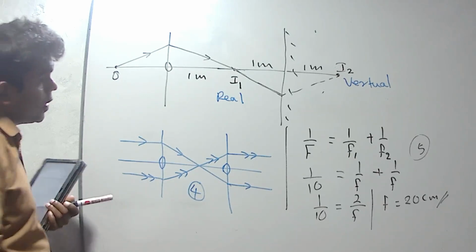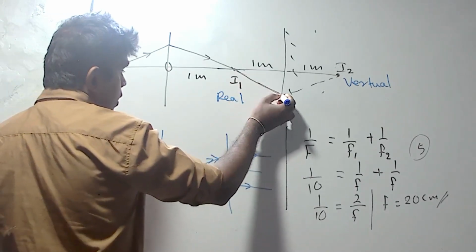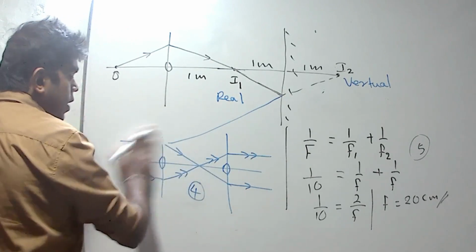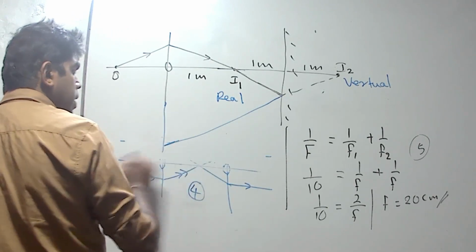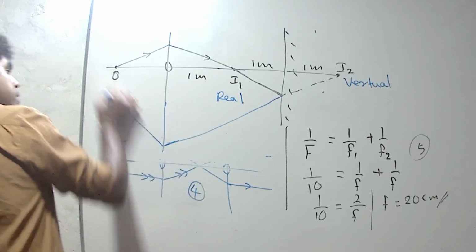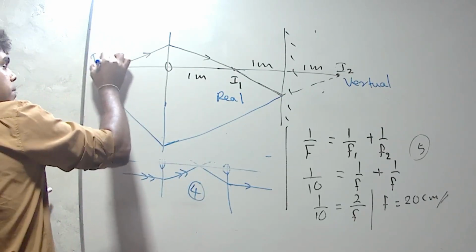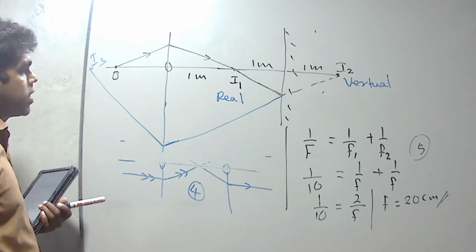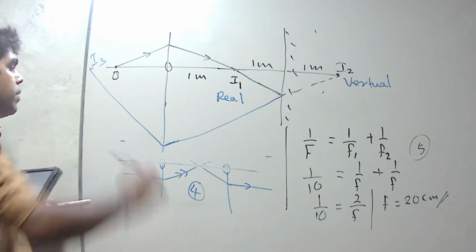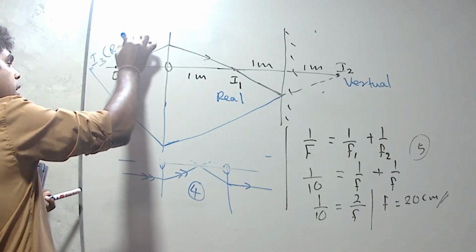Then we can get reflection. When getting reflection by this lens, again we can observe another image at this place. We can find distance correctly, but it is not compulsory. This one also a real image.